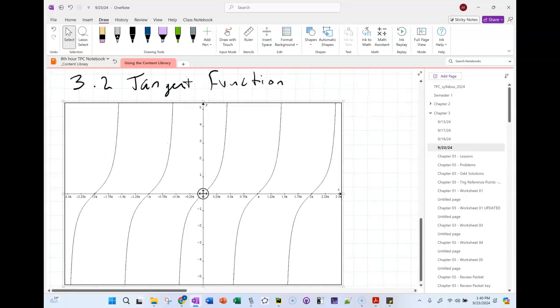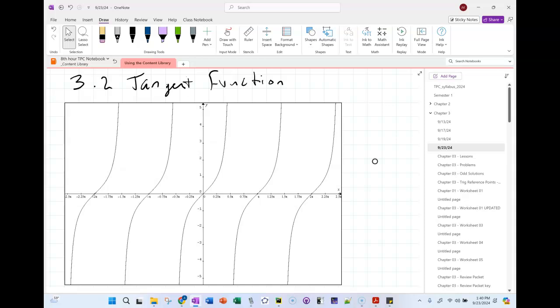So this is the basic graph for tangent. This is just the graph of y equals tan x. If I look at this, what do I notice that's different than my graphs of sine and cosine? Well, the shape for sure, right? Sine and cosine was like a continuous wave. Here, this is definitely not that.